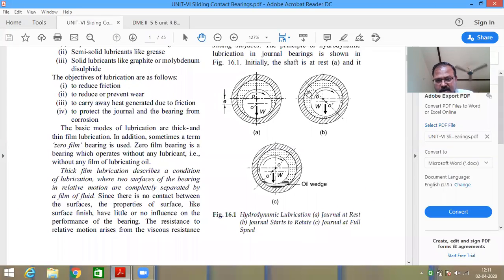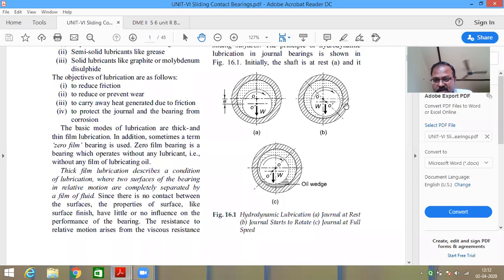As the journal starts rotating, due to centrifugal action it will come towards this center and a wedging action will be formed over there, and the liquid lubricant will flow in that wedge. You can see it in figure B and figure C. Figure A is the resting condition.